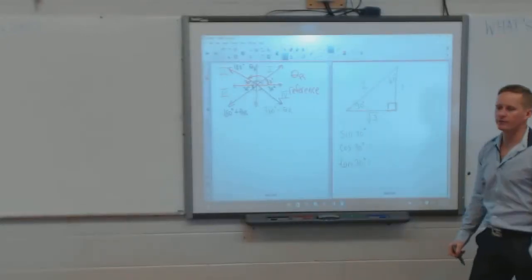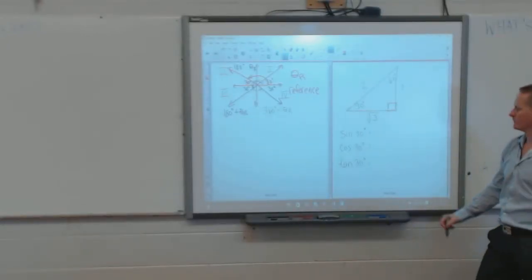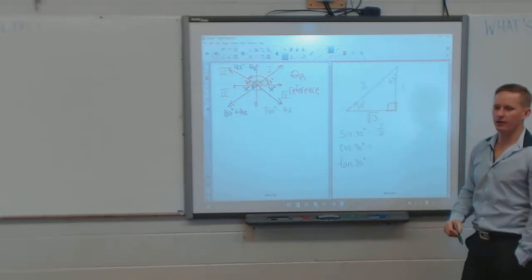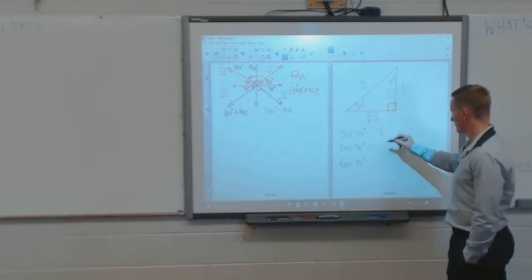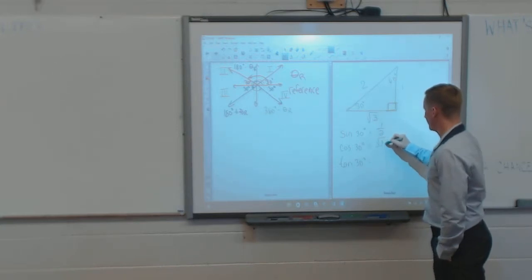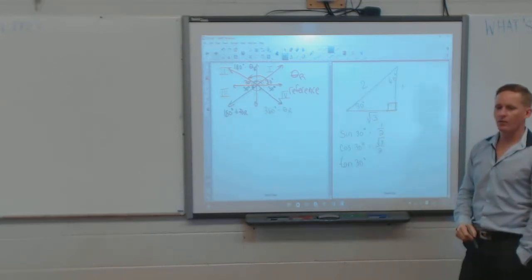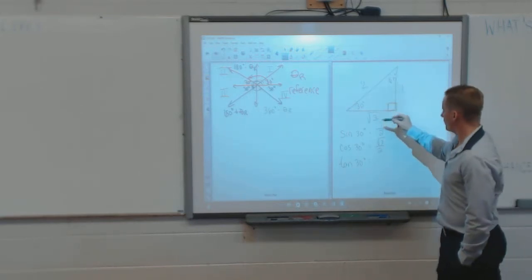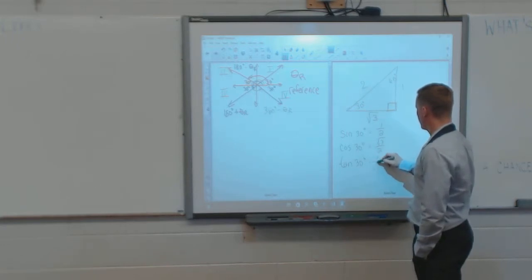All right, what's the ratio of the sine of 30? 1 over 2. What's the cos of 30? That's right, square root 3 over 2. What's the tan of 30 degrees? 1 over square root 3.